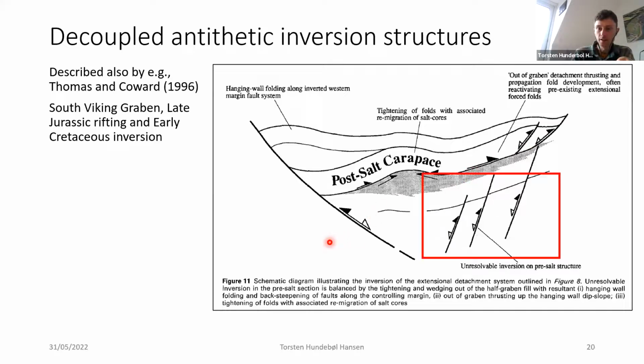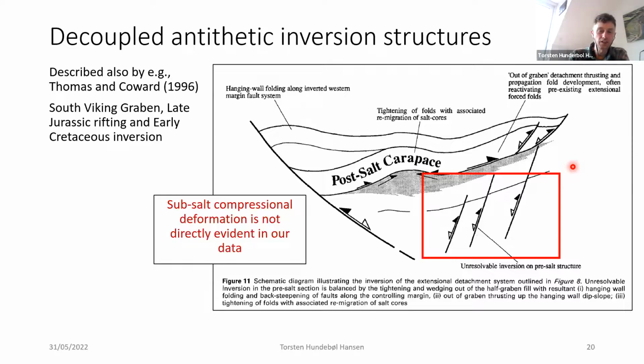So they basically provided a very easy explanation: we have these small antithetic basement or subsalt faults that were also reverse reactivated. They're just so small we can't resolve them on the seismic data. And even if they were correct, these faults would probably not be resolvable.